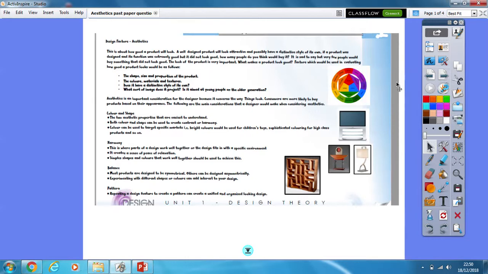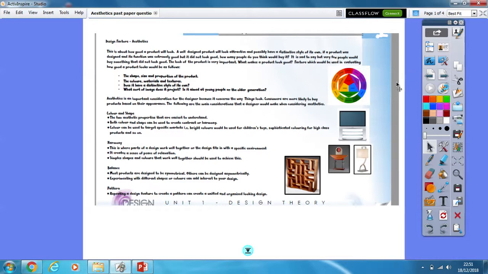In order to evaluate a product in relation to aesthetics, you're going to have to learn a range of aesthetic aspects, and it's identifying these aspects and how they're used in a product that will enable you to answer these types of questions.